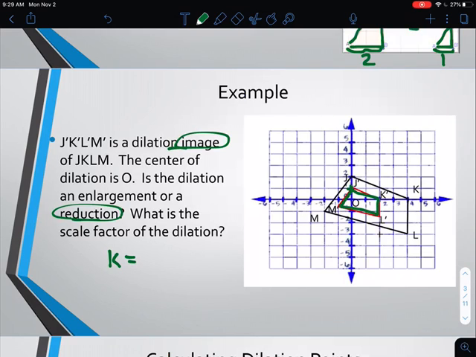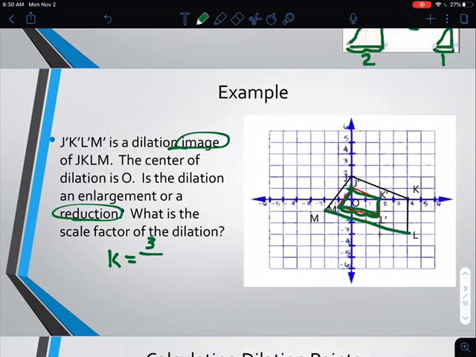So what is K? In that case, like I said, all I have to do is find any coordinates that match up, any lengths that match up, anything that I can use to plug in a length for image and a length for pre-image. For instance, I could look at M prime to L prime. That comes across 1, 2, 3 units across, and with diagonals, that's not the true distance from M prime to L prime, but it's covering a span of 3 units along X. So that's my image, 3.